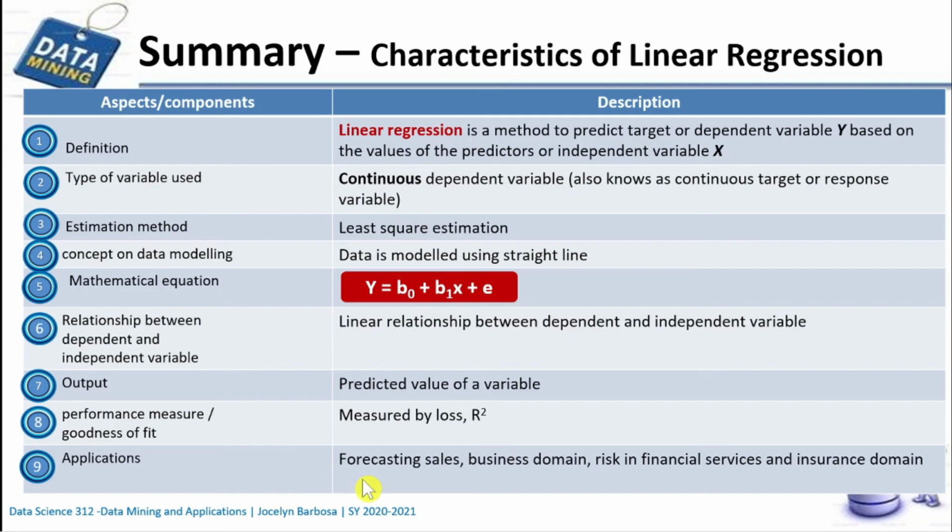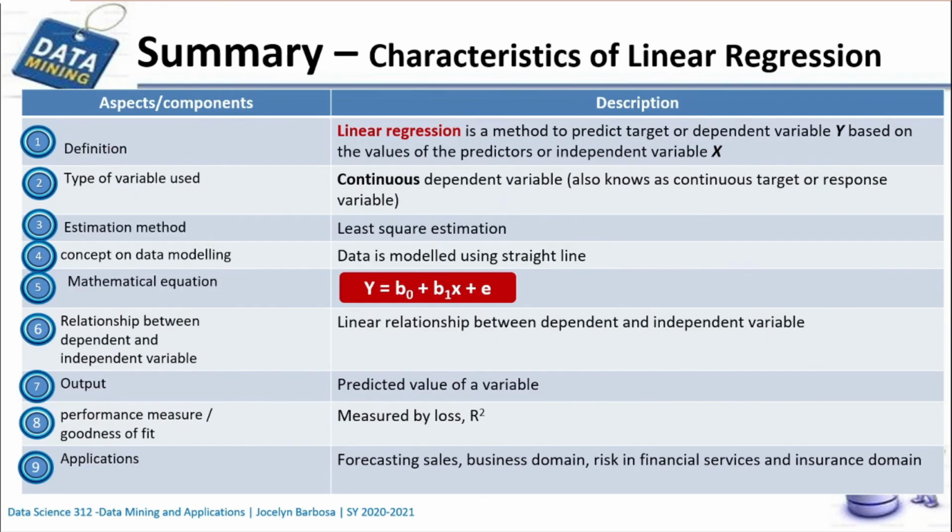And on the applications, this can be applied based on the use cases that we have shown earlier: forecasting sales in the business domain, and also determining risk in financial services and the insurance domain. So, okay, that's all for linear regression, and I'll see you in the next video.